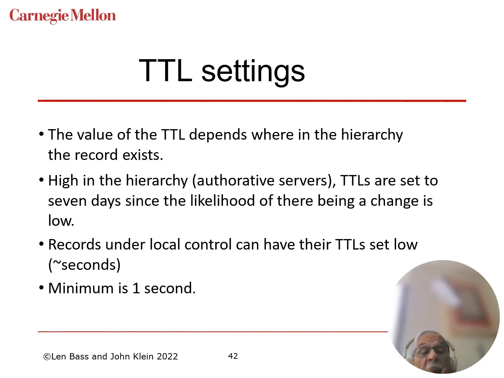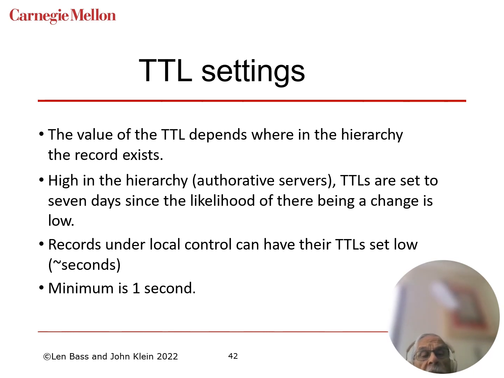And the value of the time to live depends on where in the hierarchy you are. High in the hierarchy, the authoritative servers are set to 7 days. That's the maximum, since the likelihood of there being a change is small. Records under local control can have their TTLs set low, could be seconds or minutes.